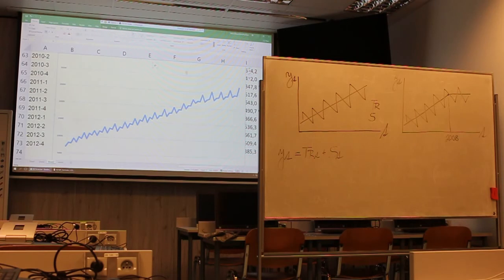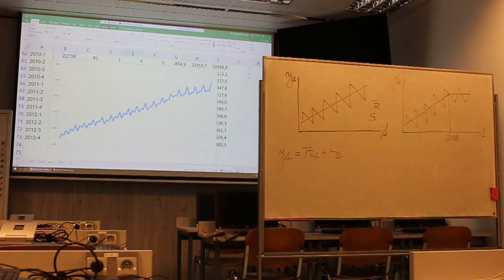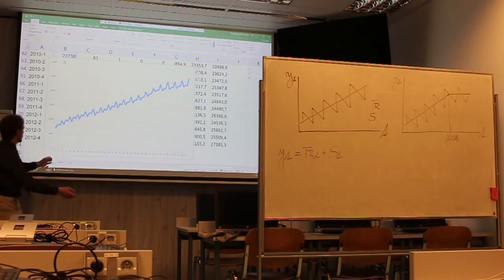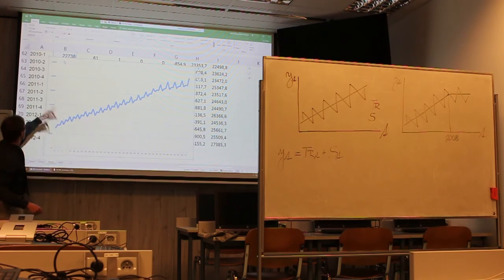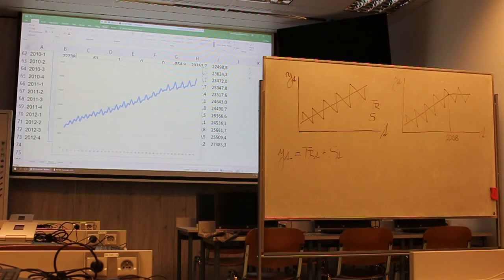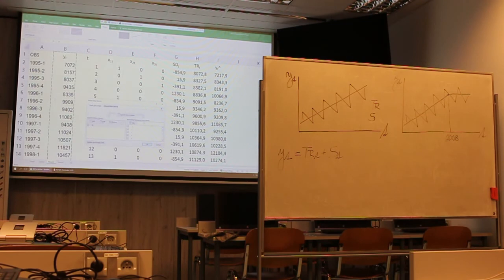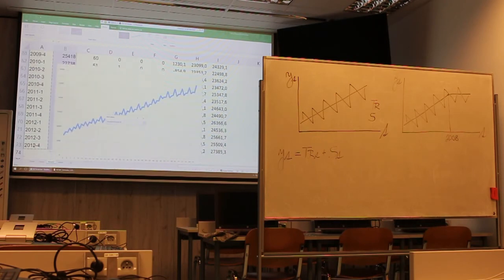I will delete the name of the chart, and instead of observation 1, 2, 3, 4, 5 on the x-axis, I will use labels, observation, quarters. So there is the design button, select data, horizontal category axis labels, edit, and I will use these observations, the first column.